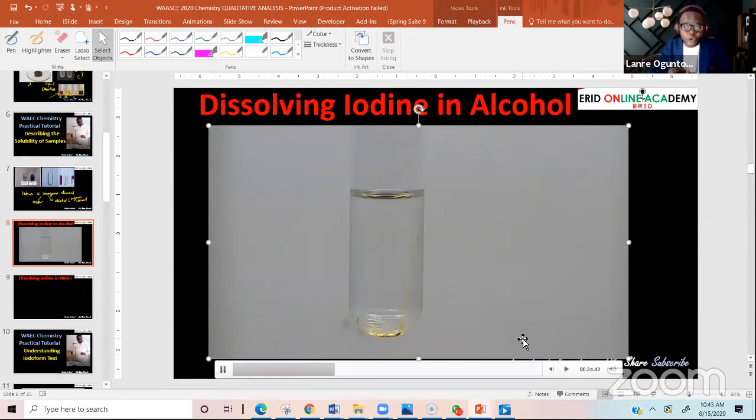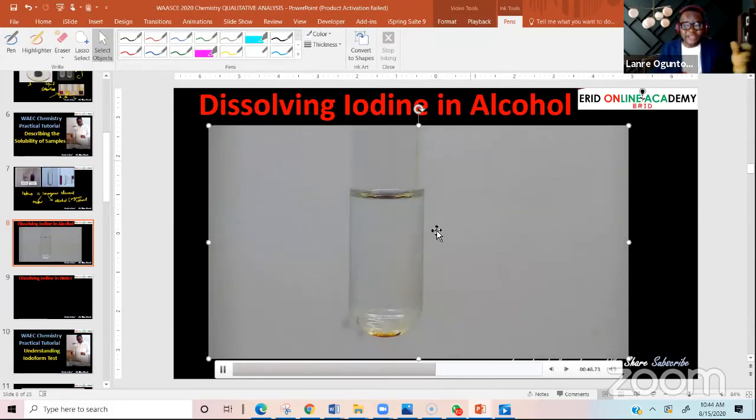That is how you know. That's how to tell whether a substance is soluble or not. If it was not soluble, it would gather at the bottom as solid crystal, and then you can say that it is insoluble.